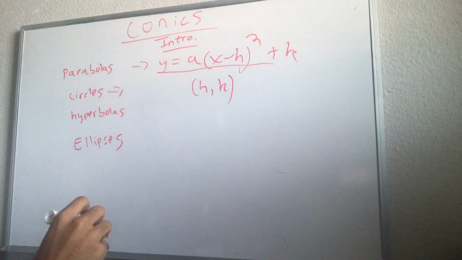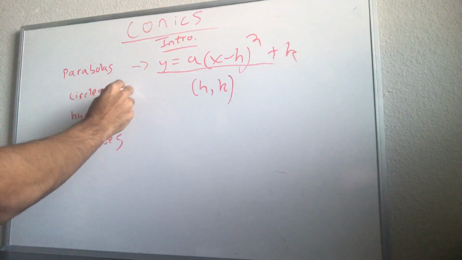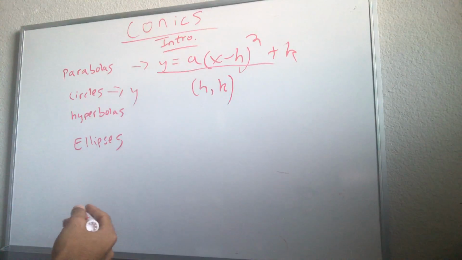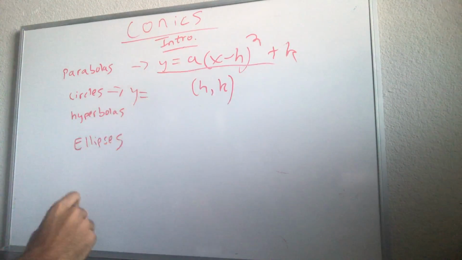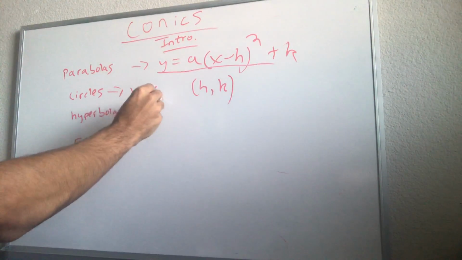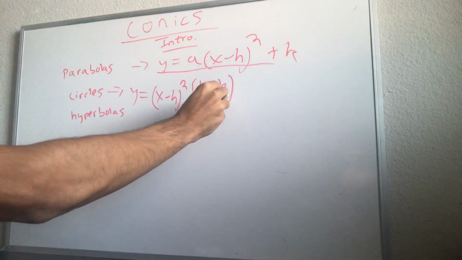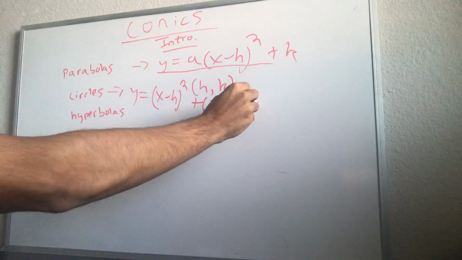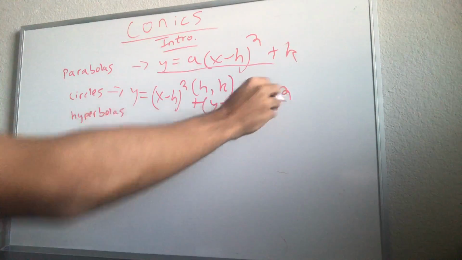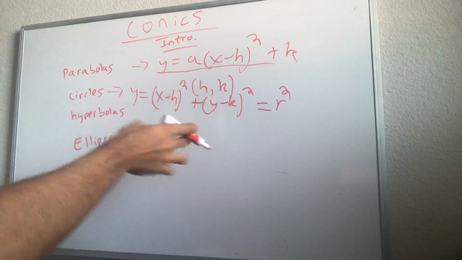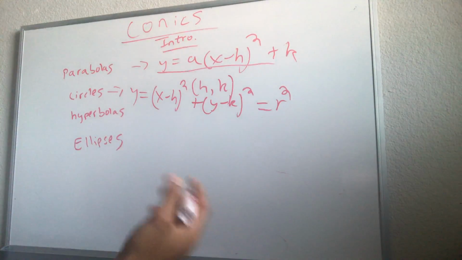With circles, we think that they're pretty simple, and when you look at their equation, it's still not that complicated. It's x minus h squared plus y minus k squared is equal to r squared. Here we know that h comma k for a parabola was representing the vertex.